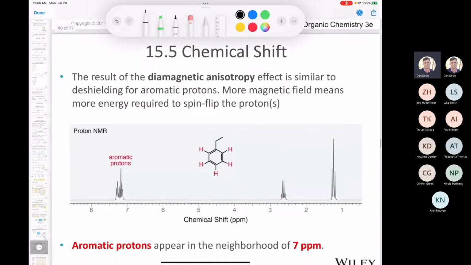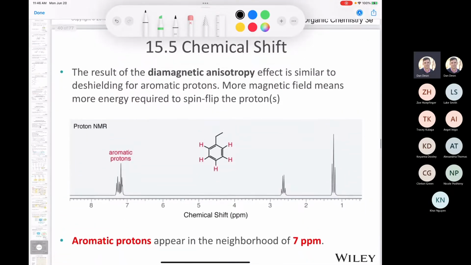Well, the protons in an aromatic ring usually show up around 7 parts per million. In fact, this is a spectrum that we looked at earlier today. If this is 7 parts per million here, you can see that we have this group of protons here. Those are the aromatic protons, the ones that are highlighted in red.